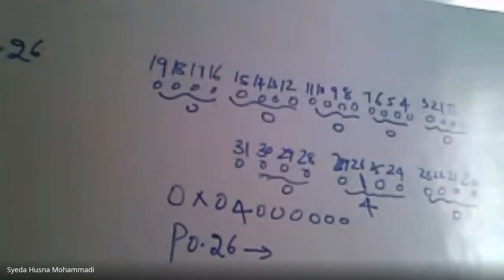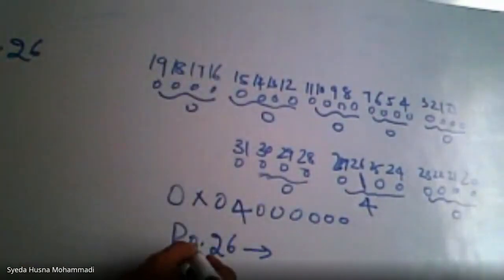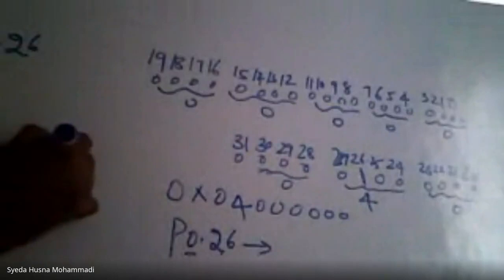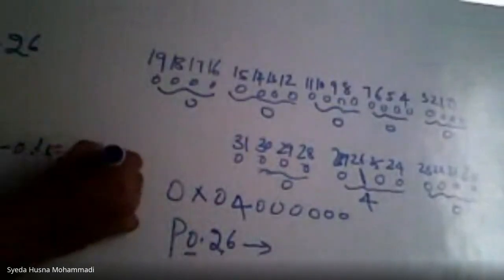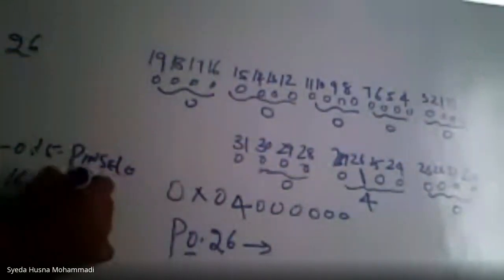Very good. Why pin select 1? Since I'm making use of port 0 pin number 26, we all know that for port 0, pin numbers from 0 to 15 will be in pin select 0 and pin numbers 16 to 31 will be in pin select 1.